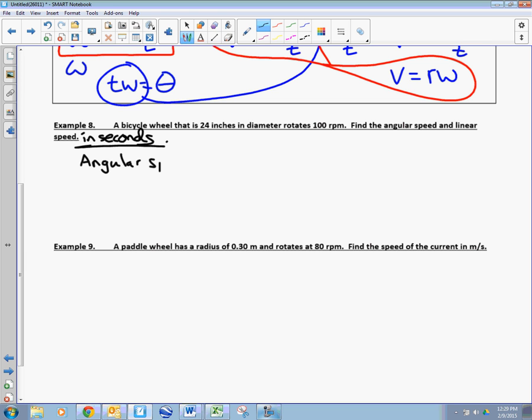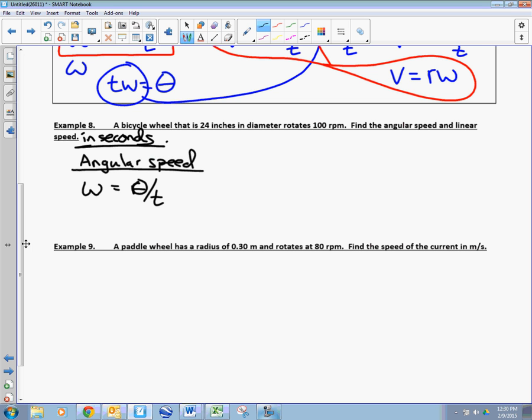Angular speed, omega is equal to r, I'm sorry, theta divided by t. I asked this before, how many degrees does a minute hand turn in the course of 1 hour? In radians, how many does it turn in 1 hour? 2 pi. So we're going to use radians.